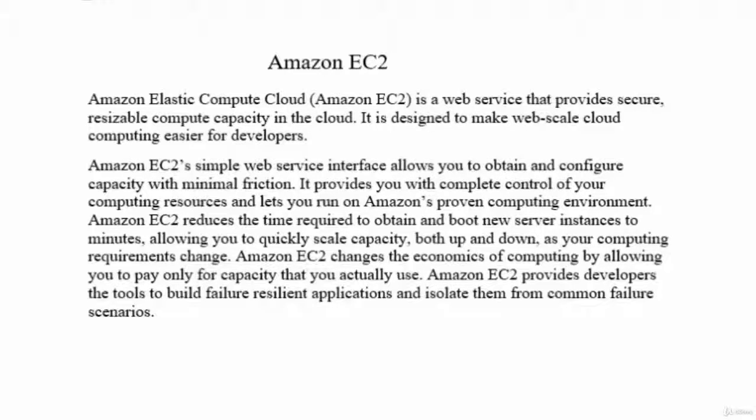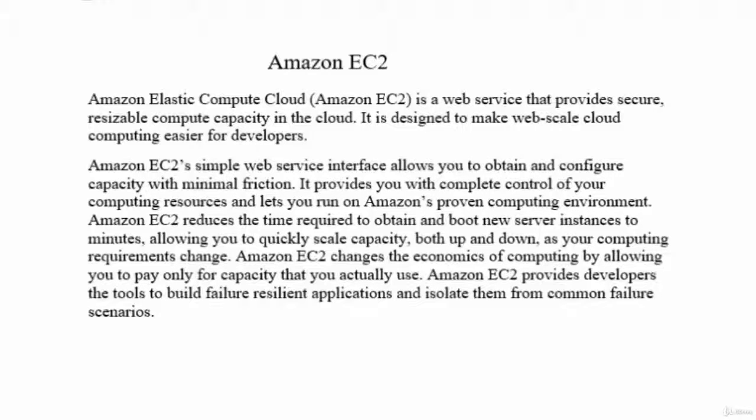And if we are building a physical server, that will take at least a week. So Amazon EC2 is a solution to all these problems. You can roll up a server within a fraction of minutes and do your work quite easily.